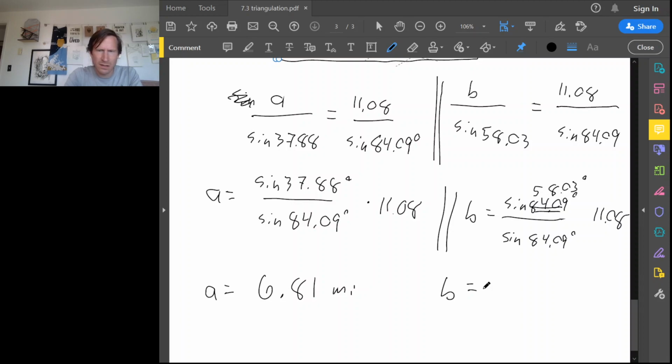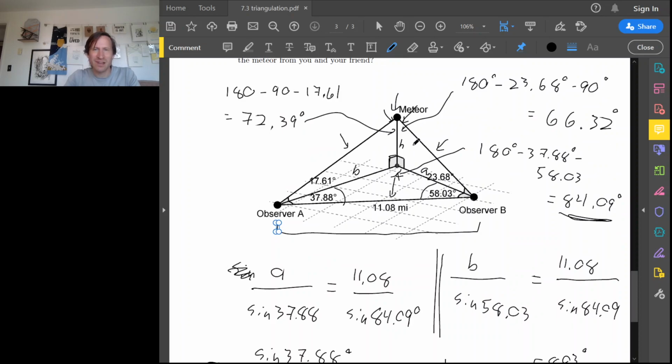And for B, let's see, sine of 58.03 divided by sine of 84.09, multiplied the whole thing by 11.08, and we get 9.45. I'm rounding a little bit there, 9.45 miles. Okay, so now we know the distance from the start of the meteor track to each observer. I guess the remaining thing that we wanted was this top height here.